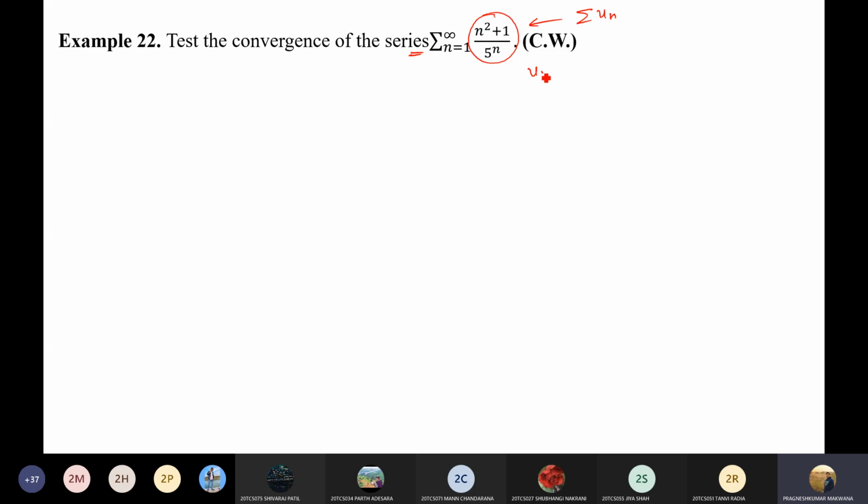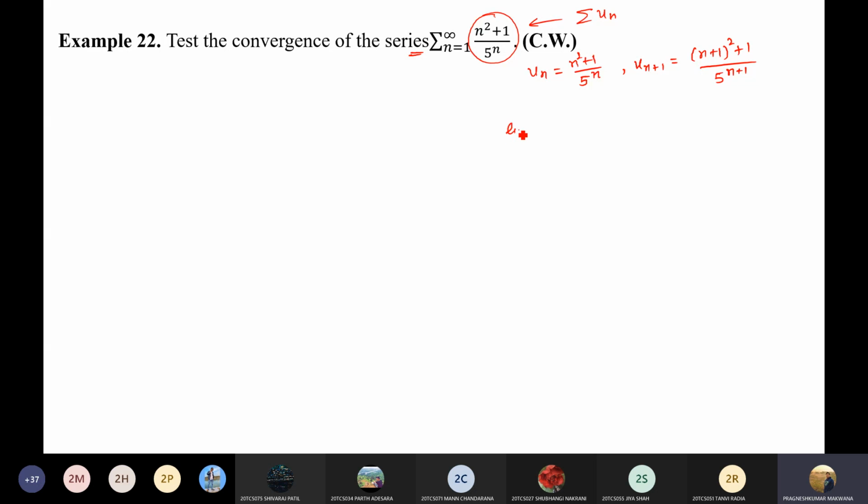Un is equal to n square plus 1 upon 5 raised to n. Now you can apply the D'Alembert ratio test. What is Un plus 1? Anyone can say? n plus 1 whole square plus 1 upon 5 raised to n plus 1.